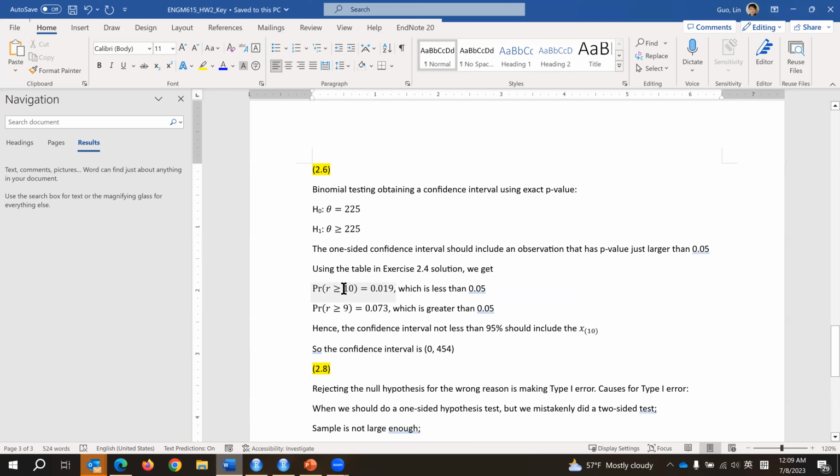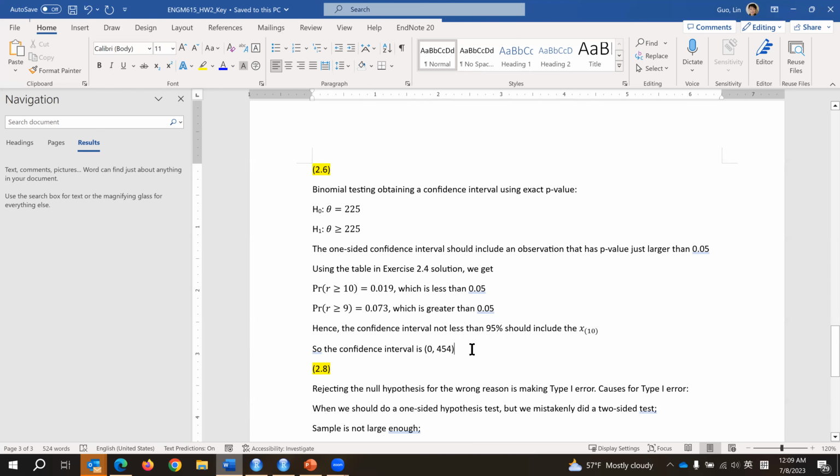We'll stop there. So from the lowest value to the 10th item should be the confidence interval, which is this one, right?